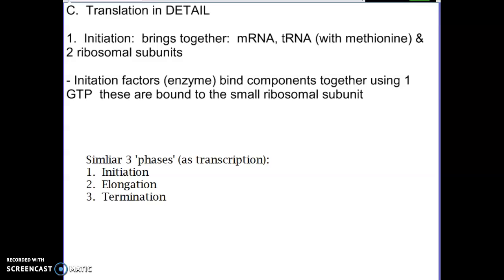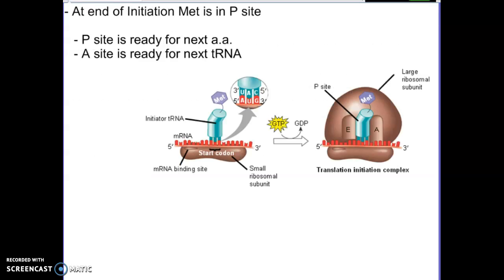Okay, so let's take a look at that. Just like transcription had 3 steps to it, so does translation: initiation, elongation, and termination, which are very similar. Please don't focus on the energy or any of those things right now. Okay, so the ribosome is actually made of 2 pieces, a larger piece and a smaller piece, and they come together to allow the messenger RNA to ticker tape through here.